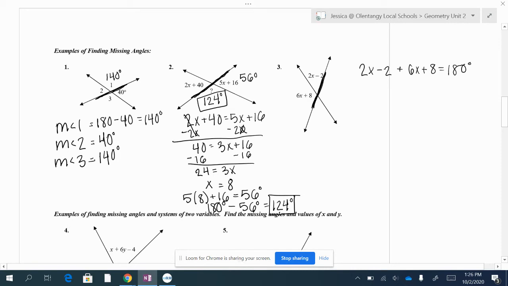Combine like terms, I get 8x plus 6 equal 180. Okay, so 2 plus 6 is 8, minus 2 plus 8 is positive 6. Then solving, I can subtract 6 from both sides. 8x is equal to 174. Divide by 8, and x is equal to 21.75.